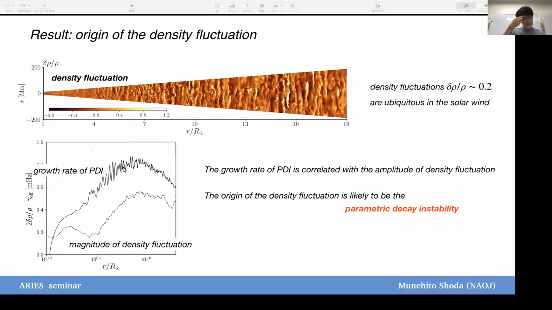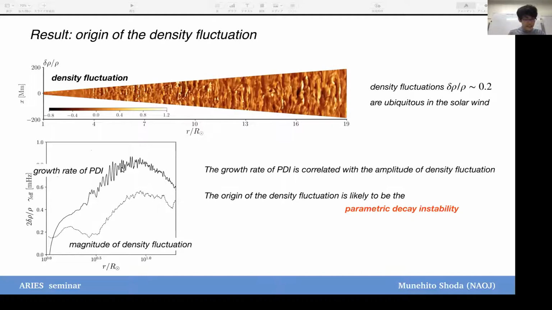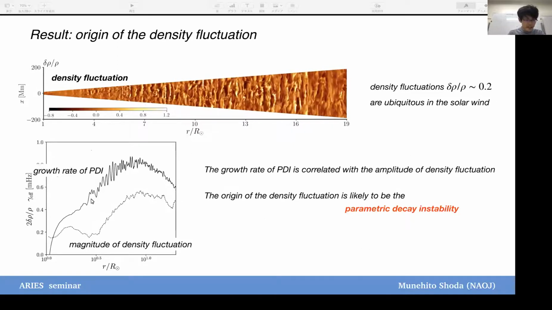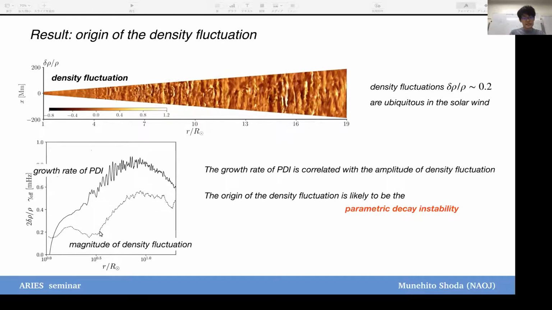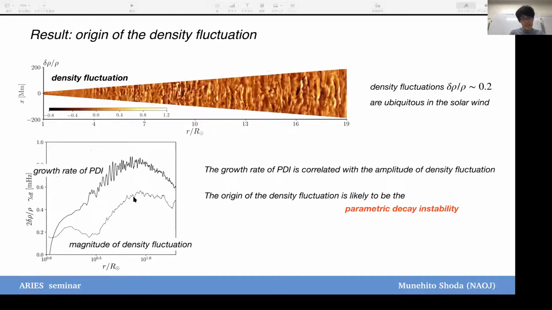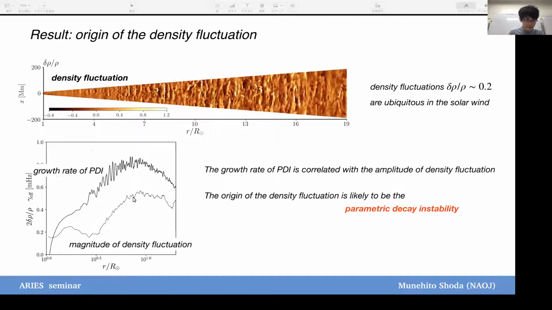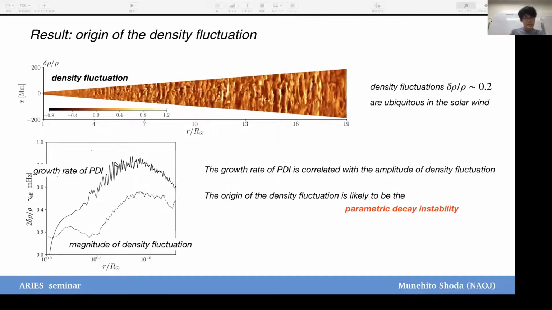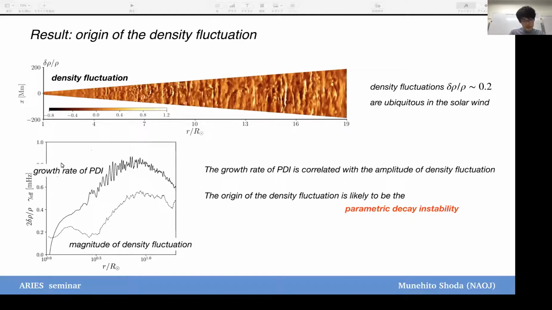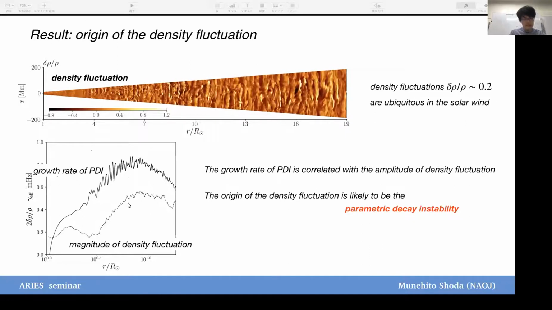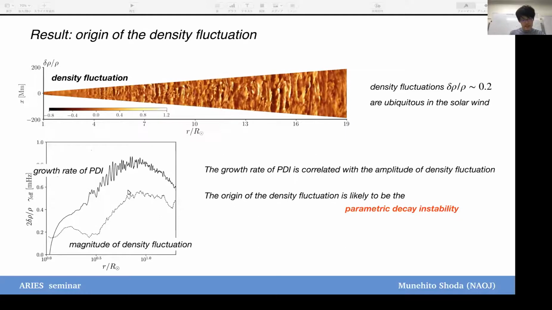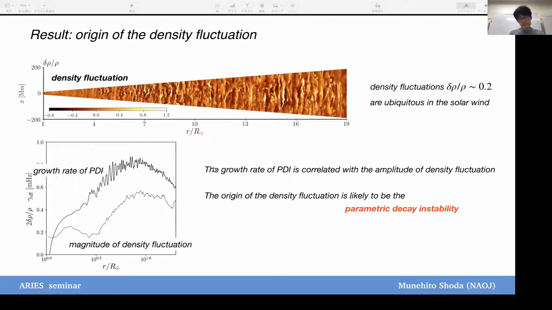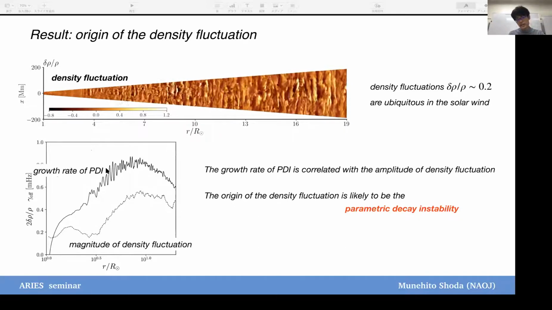So it is clear that if you have large growth rate in the parametric decay instability, then you have a large magnitude in the density fluctuation. The spatial correlation between the growth rate and the magnitude of density fluctuation shows that the density fluctuation is generated by parametric decay instability.